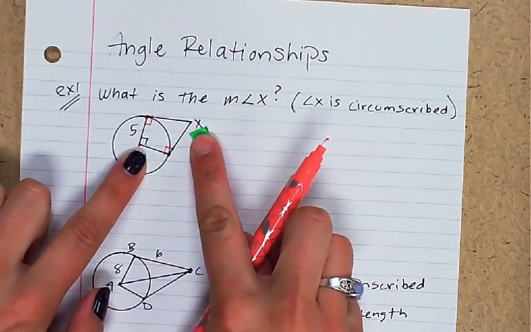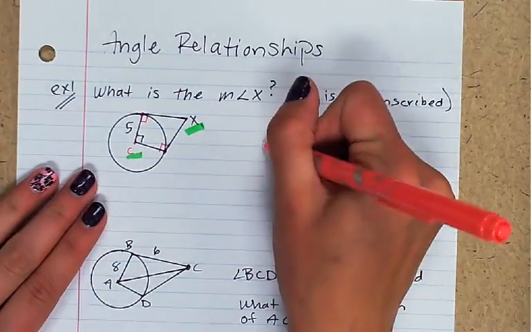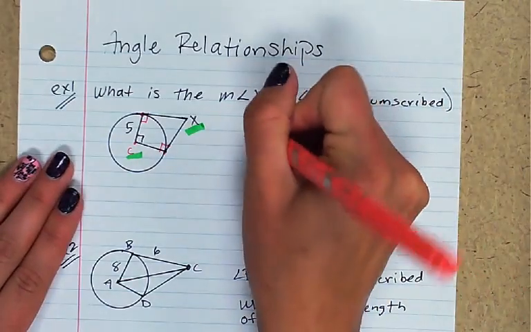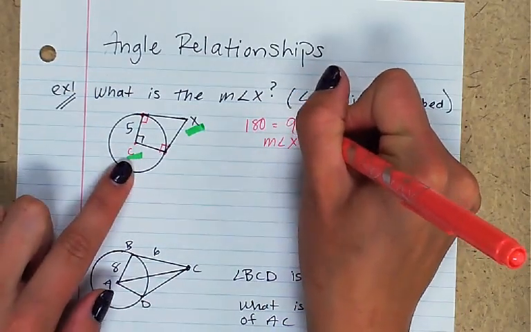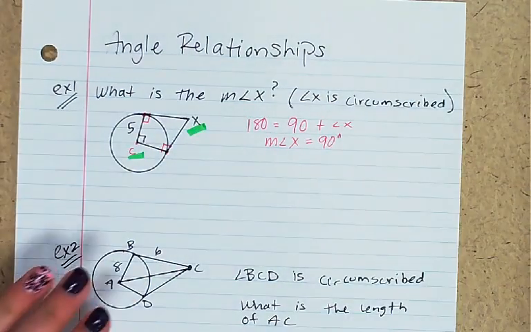So if these have to add up to 180, and I know this one is 90 because it has a right angle box, that means the measure of angle x also has to be 90 degrees, because angle C plus angle x has to add up to 180 there.